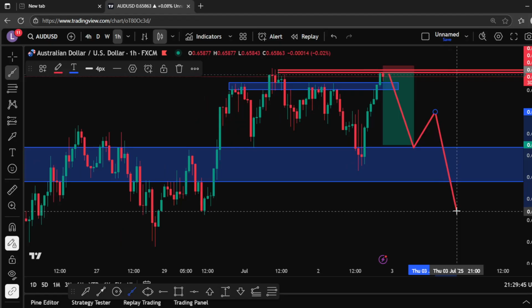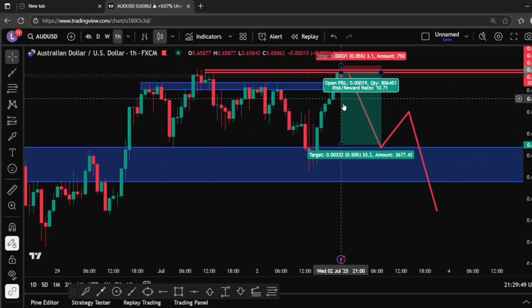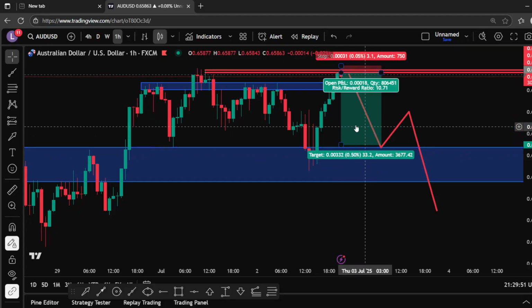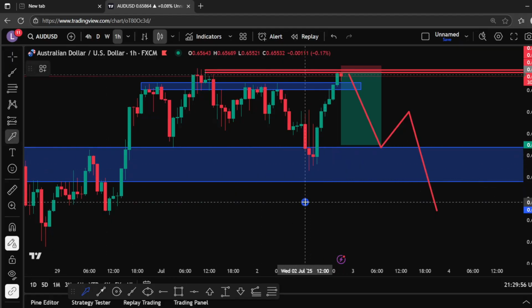Okay, so what I want to do is to take the profit here because again this is a demand zone. We had this drop, we had this base, and we had this rally.